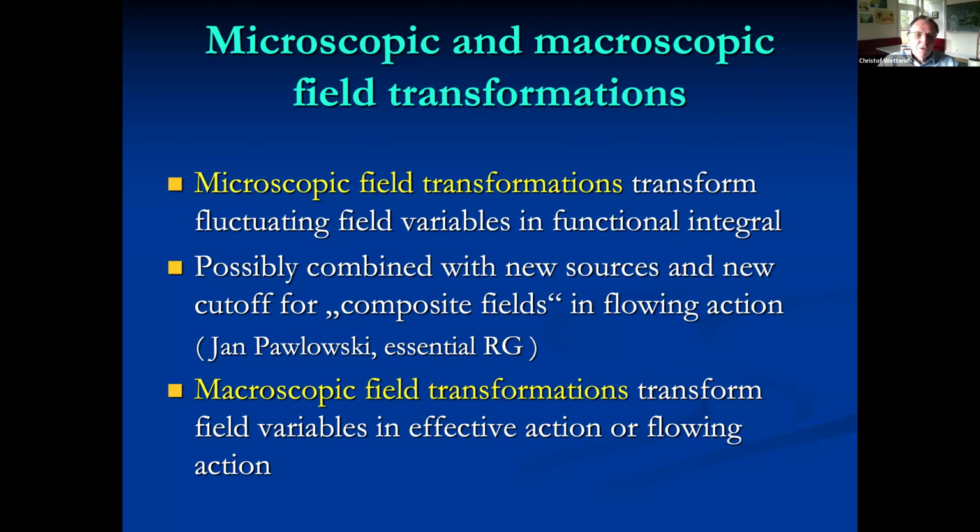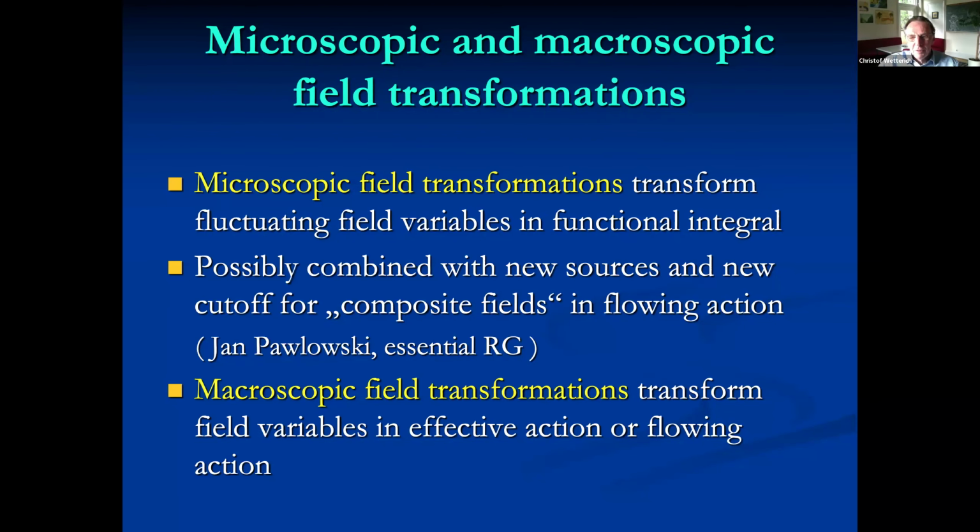The microscopic field transformations just transform the fluctuating field variables in the functional integral. They can be combined with new sources and new cutoff for composite fields in the flowing action. That goes back to Jan Pawlowski and the essential RG, which actually uses these microscopic field transformations.